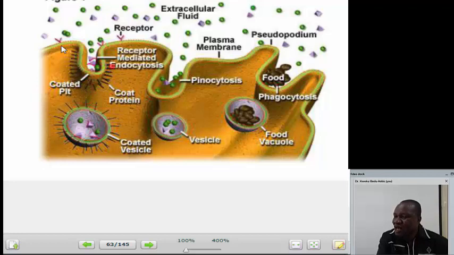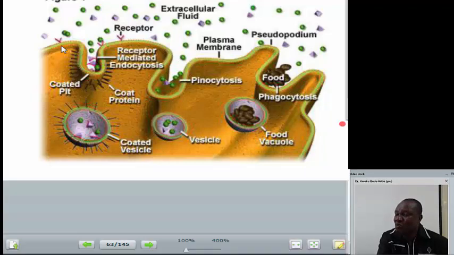Now, the coated pits are regions in the membrane that have bristles. Now, these bristles, these blackish hair-like structures, are formed from proteins called clathrin. The name of the protein is clathrin.